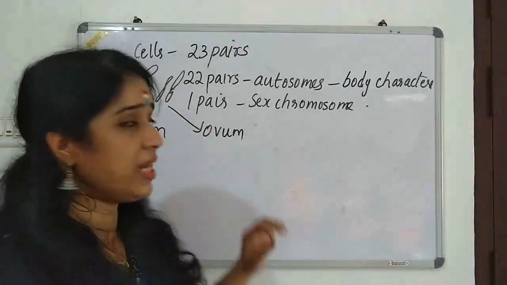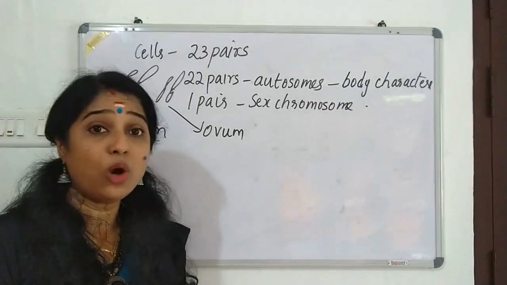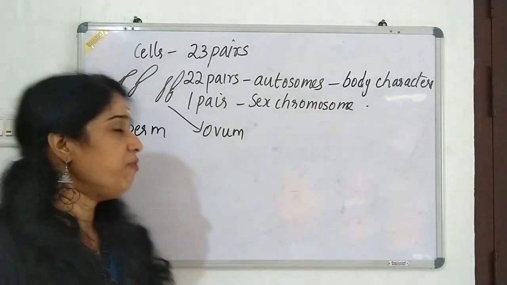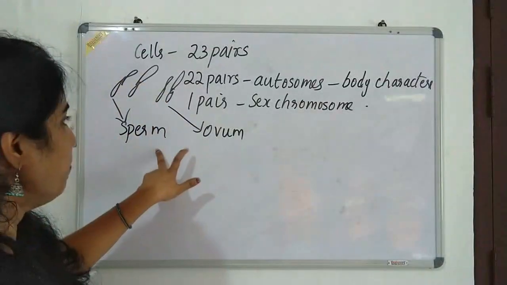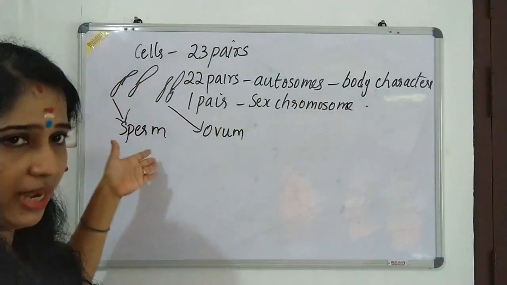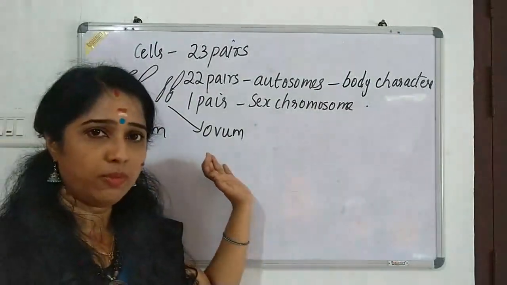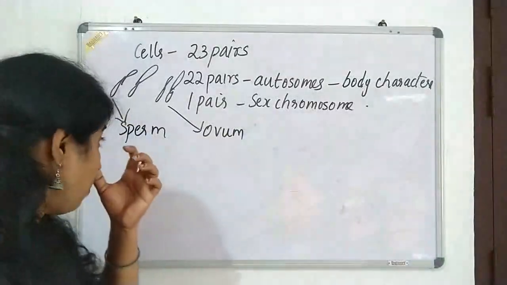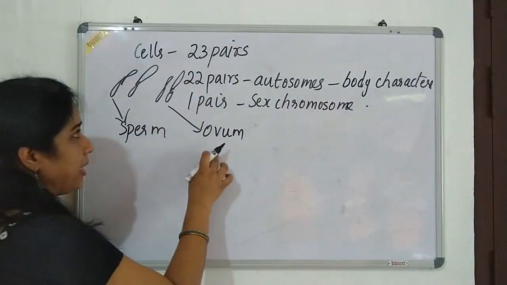Even though these chromosomes remain in pairs, both will not move on to the gamete. One will move to the sperm in the case of male, and in the case of female, one to the ovum. Likewise, 23 out of 46 chromosomes will move towards the sperm and the ovum.